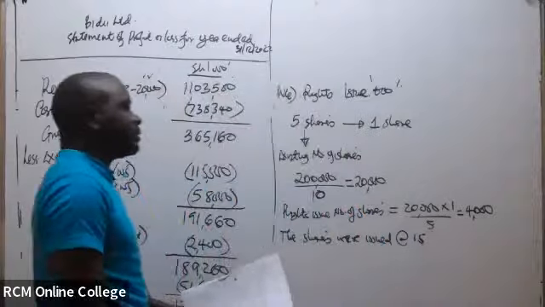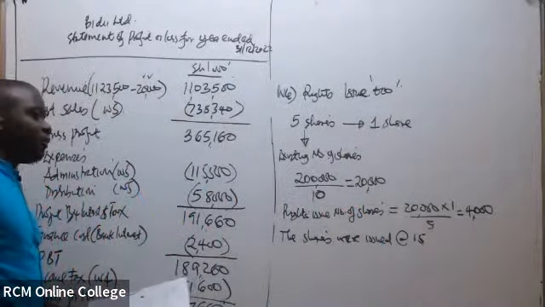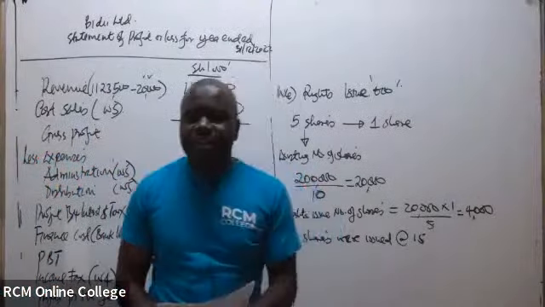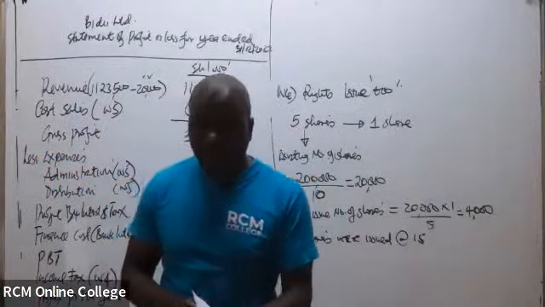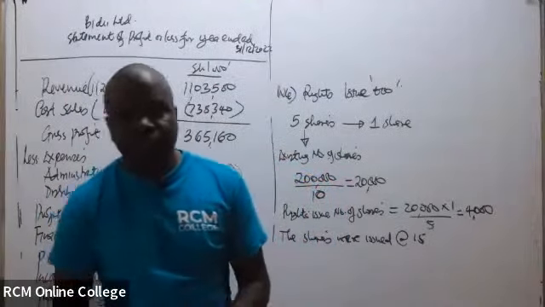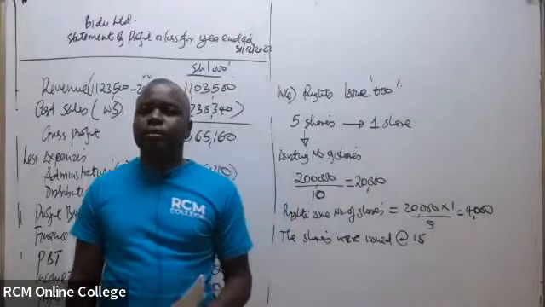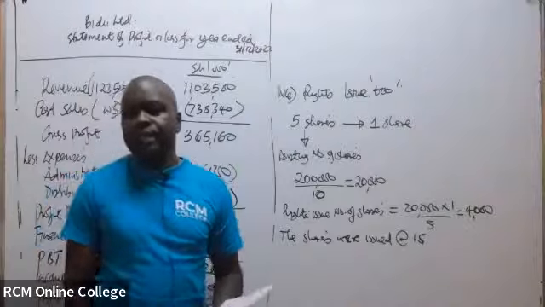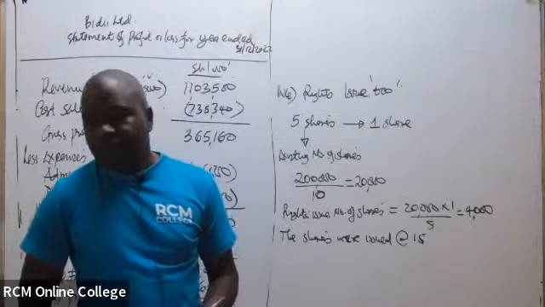But remember, in this case, the par value or the face value of the shares was how much? 10 shillings. And therefore, we'll say the shares have been issued at what? At a premium.